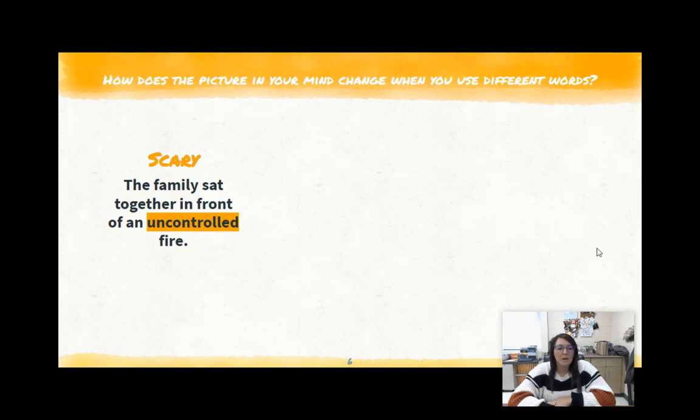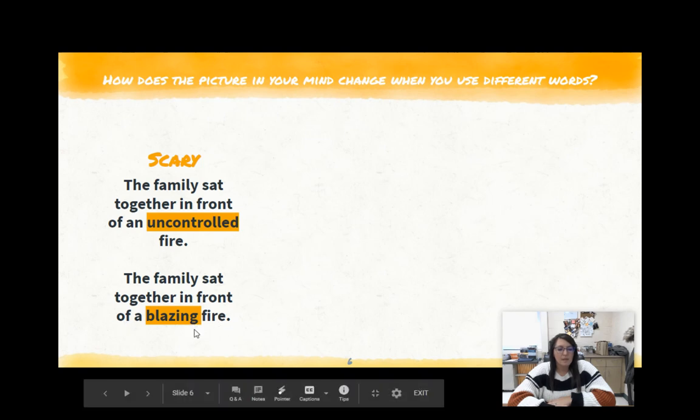When we hear the word uncontrolled in relation to this sentence, that might make us think of a scary fire that's wild, that's huge, the family doesn't know what to do. The family sat together in front of a blazing fire, same thing. Blazing is big, it's uncontrolled, it's scary. Different from warm. We're going to have a different feeling or a different picture in our mind when we hear the word blazing or uncontrolled.